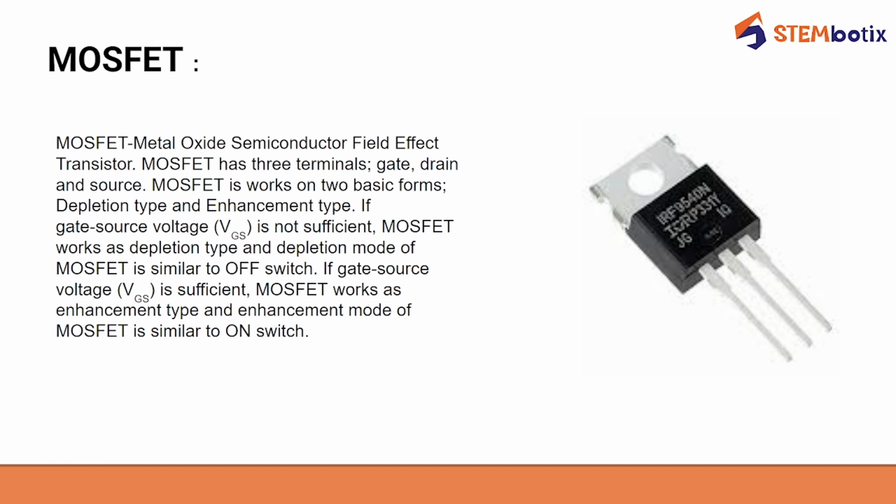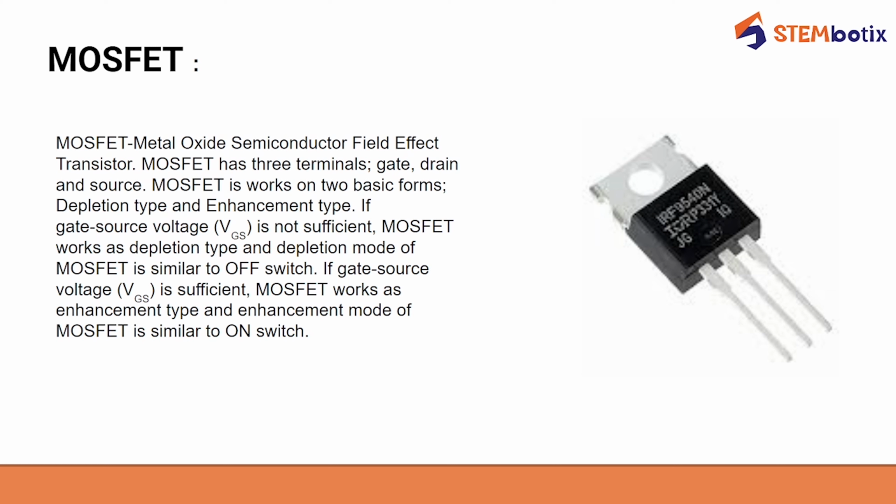If gate source voltage, meaning VGS, is not sufficient, the MOSFET works as depletion type, and depletion mode of MOSFET is similar to an off switch. Meaning VGS is not enough, then this MOSFET will stay in off condition, or you can say it will behave as an off switch.